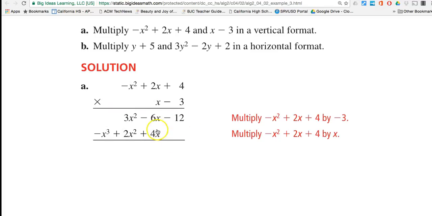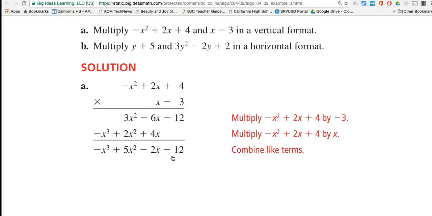So now that we've lined up our like terms, this is just like adding them vertically. So we go ahead and do that, and there we've got our solution. The product of negative x squared plus 2x plus 4 and x minus 3 is negative x cubed plus 5x squared minus 2x minus 12.